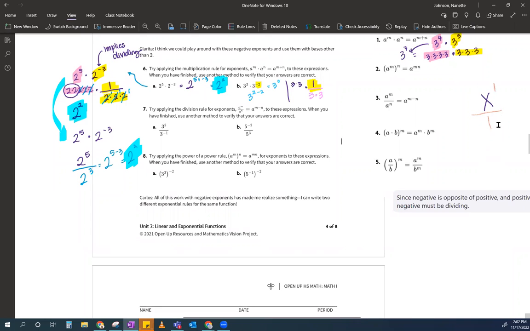That's why I'm drawing it in my glitter pen, so you can see it. Wait, how many X's are there? 1. You would say there's 1 X, correct? So where does the other 1 go? There's 1 more 1.